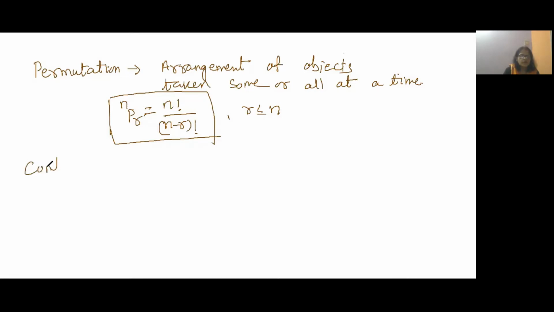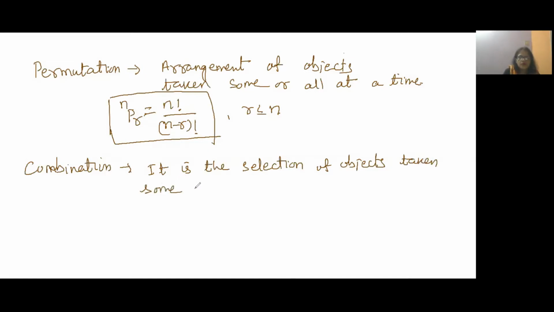So whenever it comes to combination, combination is basically the selection of objects taken some or all at a time.